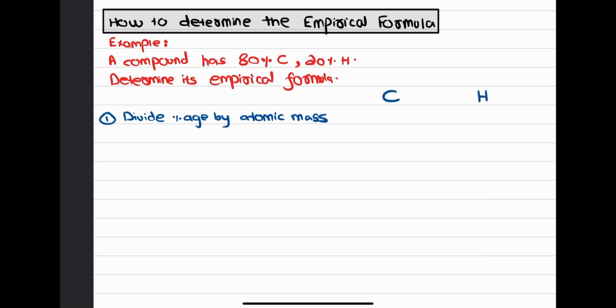Okay, so 80% divided by atomic mass of carbon, which is 12, and hydrogen is 20, divided by atomic mass of hydrogen, which is 1. So our second step would be divide by the smallest.